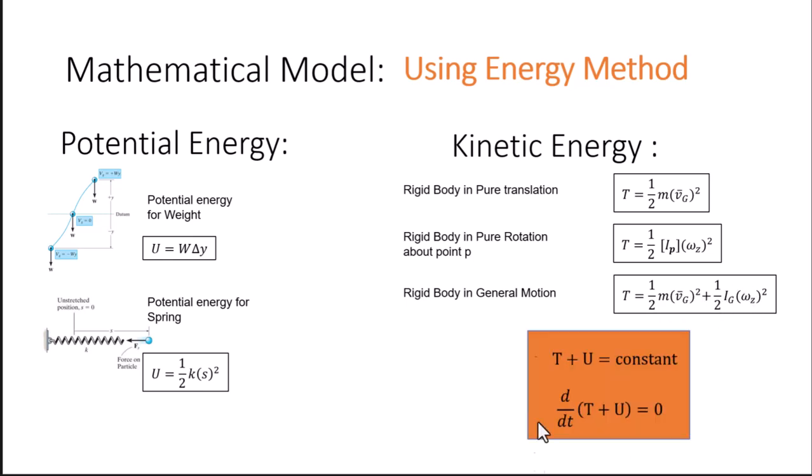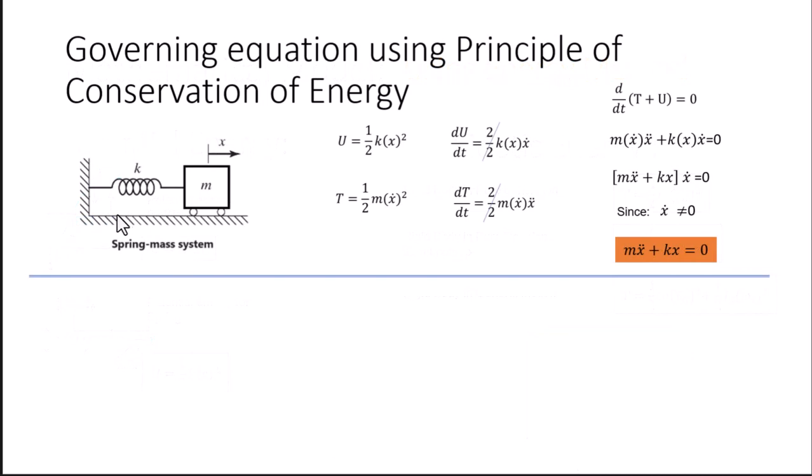For a system that does not have any elements that dissipate energy, the kinetic energy plus the potential energy will be constant. So if we derive this expression, this is equal to 0, meaning that the total energy doesn't change. So if we do the same example, spring mass system, the potential energy of this spring is 1/2 constant of the spring, x squared, which is the displacement, and the kinetic energy is 1/2 mass velocity squared.